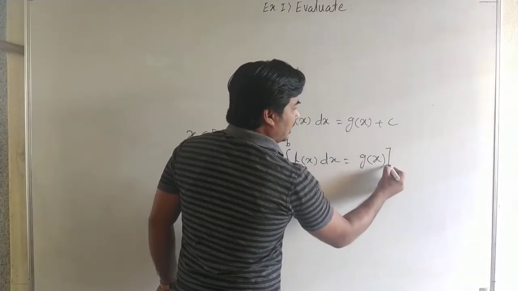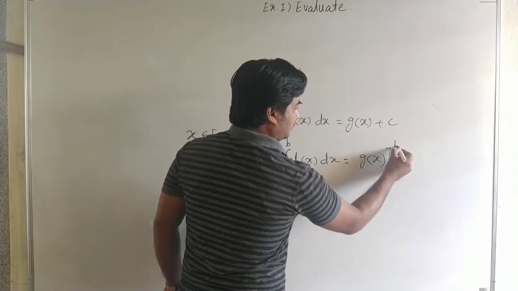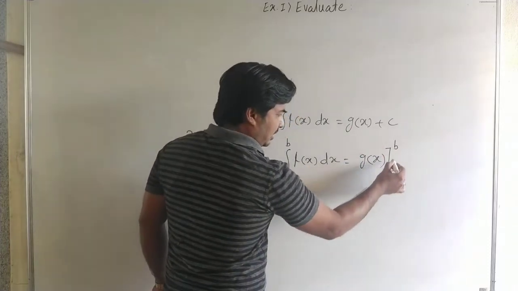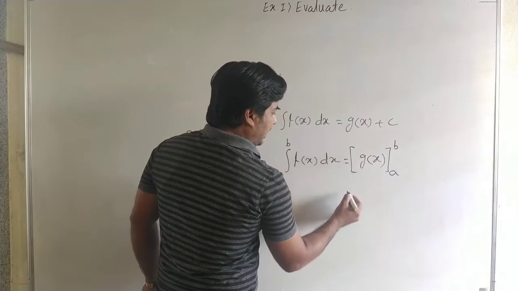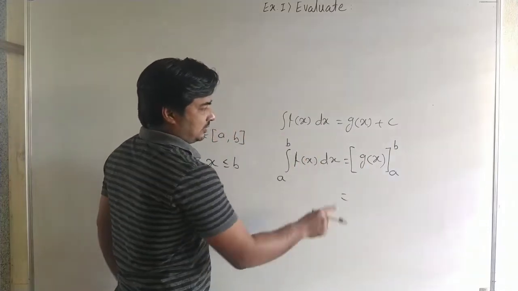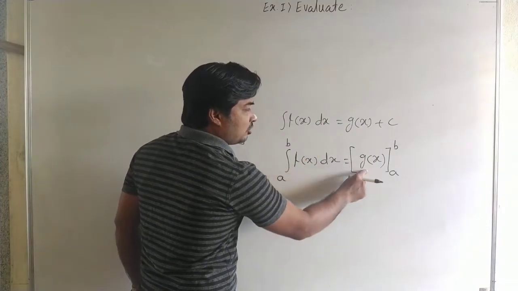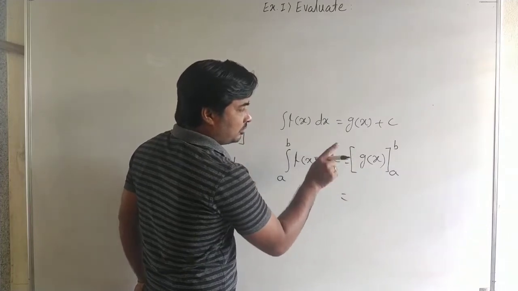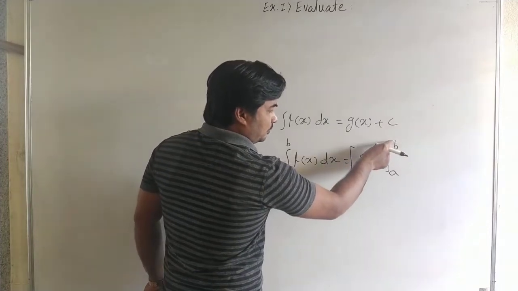Here we write the limit of this function, a to b, in a bracket, and the integral of f of x is g of x. The calculation of a definite integral is that we put the limit.